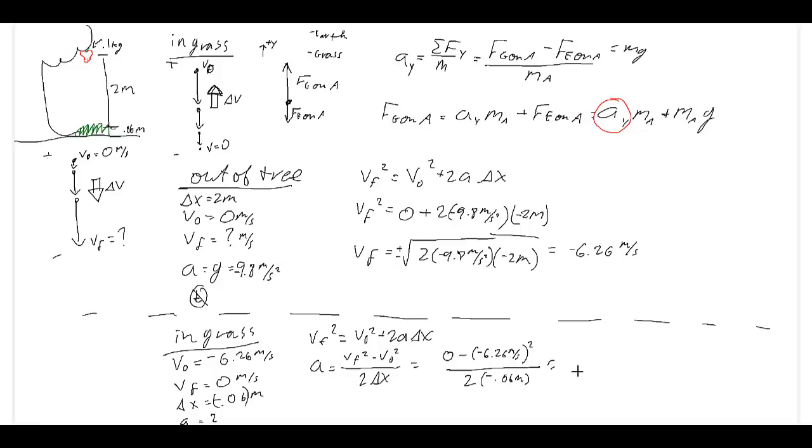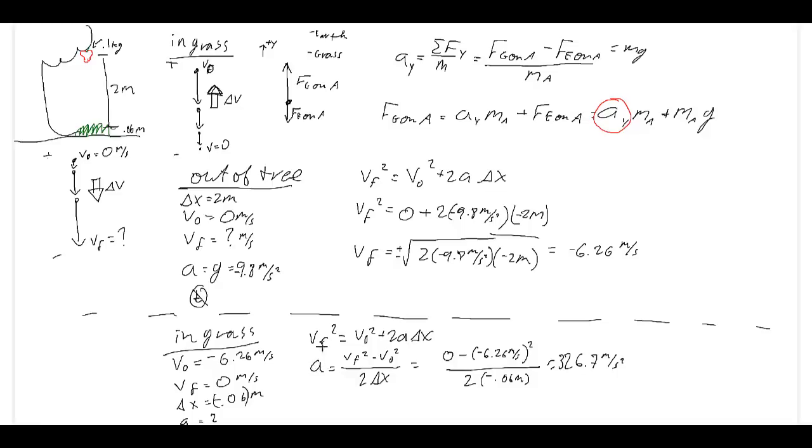So going through all that, plugging that into your calculator, you find that the acceleration was a rather large 326.7 meters per second squared, which is pretty crazy. So that is our acceleration.